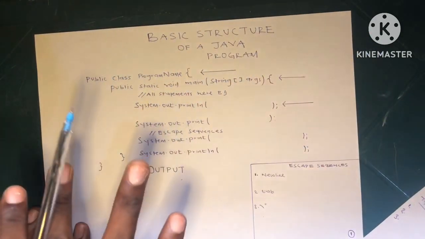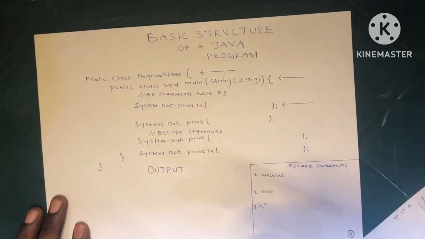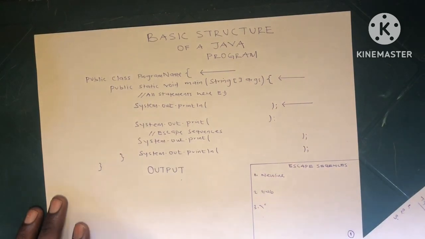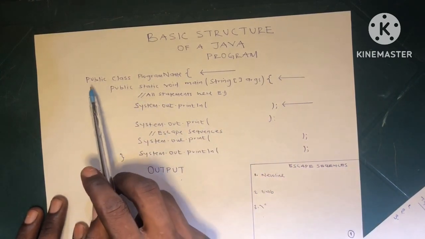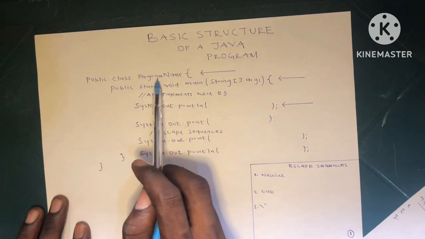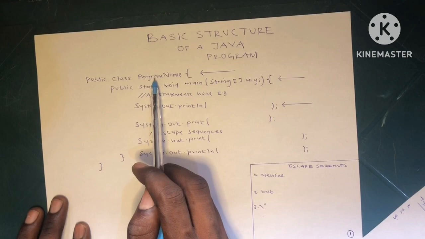Now I know you might not understand what methods are at this point, or what I mean by a class, but just keep following me along as you will understand in the near future. When you are creating a Java program, you start by declaring your own class, which you do by writing public class and the name of your program. The name of your program could be anything. It could be age, it could be your name, for example, but in this case I'll put program name.